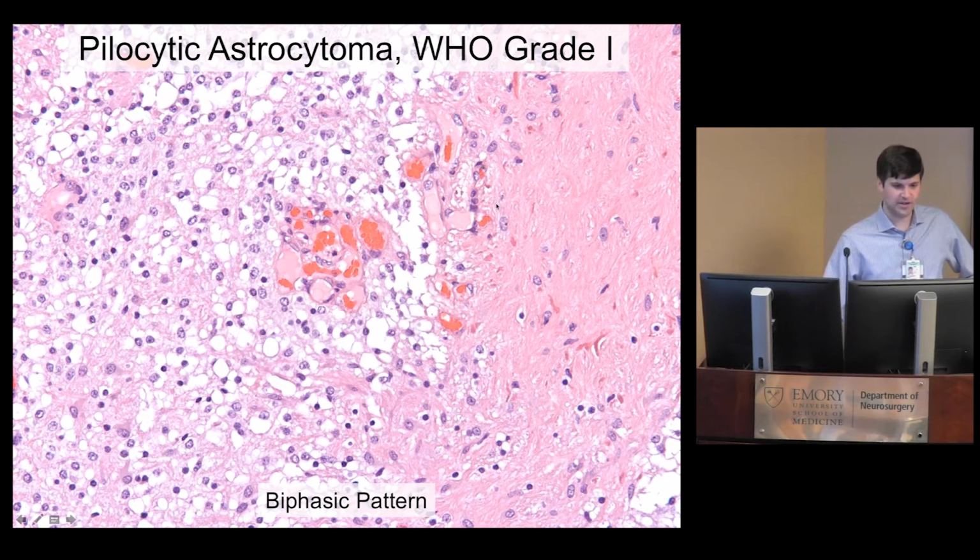And what do we see under the microscope? We see a biphasic proliferation of glial cells. And biphasic means it has two areas that look different. Our first area is a very fibrillar area, and you see that to the right of the screen, and it includes a lot of pilocytic tumor cells. What does the term pilocytic mean?